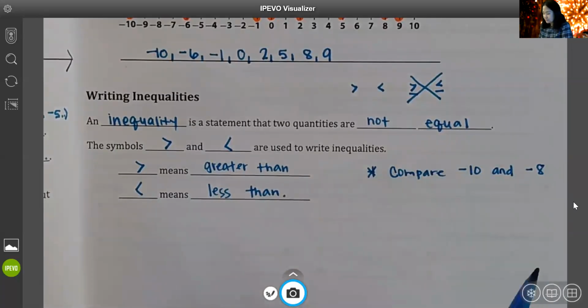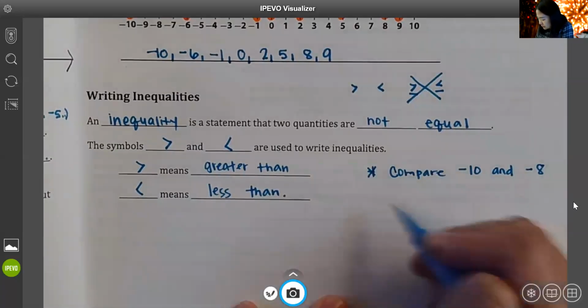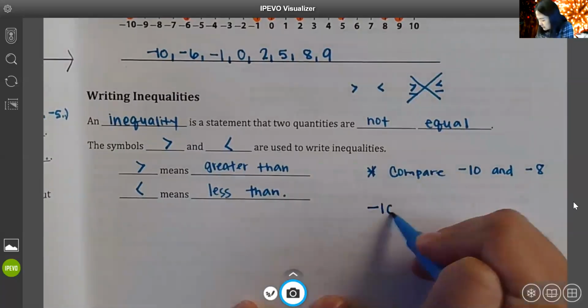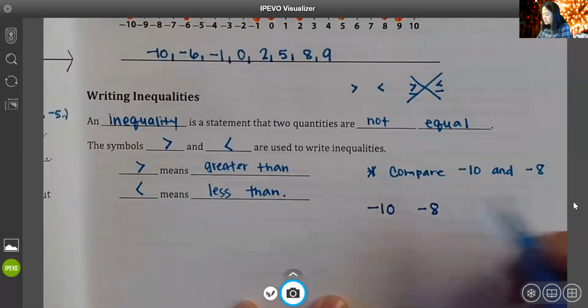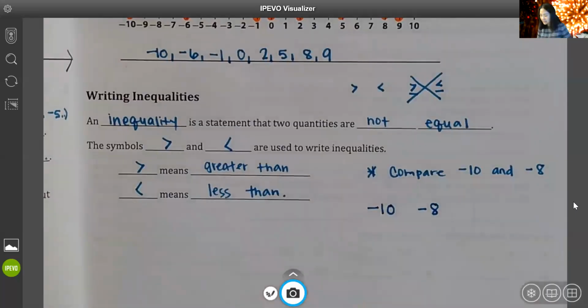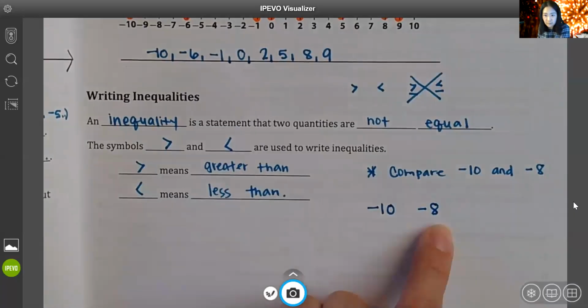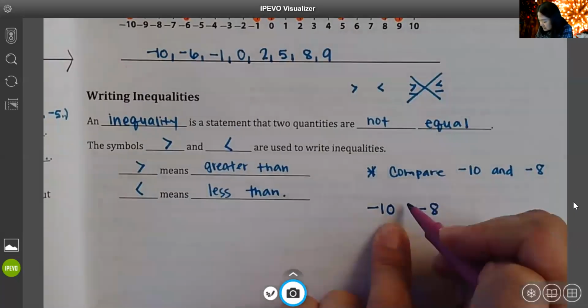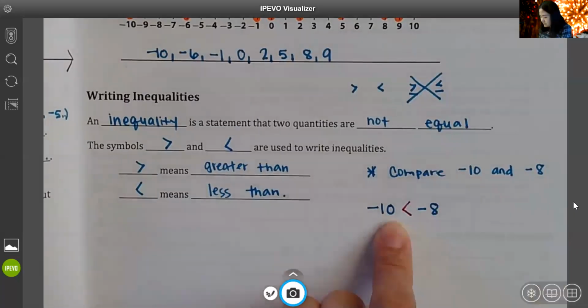Here's how. So first, let's do it in this order. So here's -10 and -8. We know that -10 has smaller value than -8. The bigger the negative, the smaller the value. So -10 is less than -8. That's one way to write it.